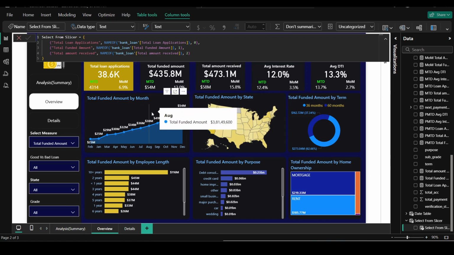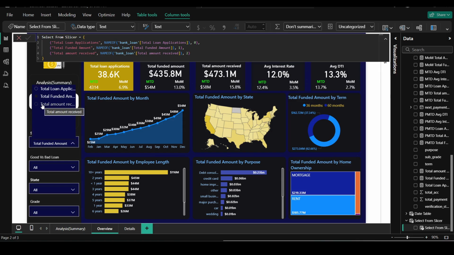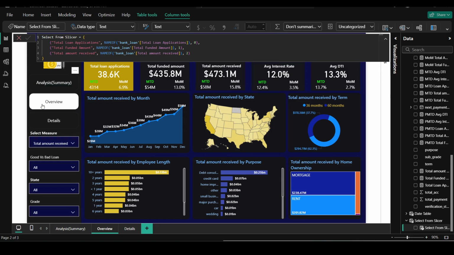So you don't have to manually do it for every single visualization here. You can just simply create a field parameter by specifying what you want to show in the chart. Like for example, I wanted to show total loan applications, funded amount, and amount received. See here, if I click on total amount received, the chart again changes.